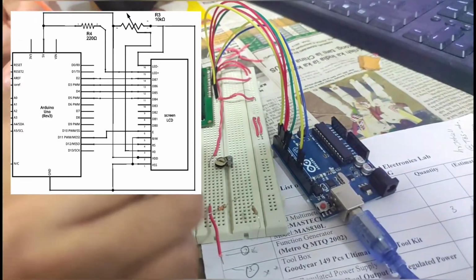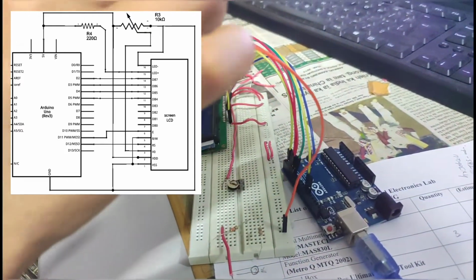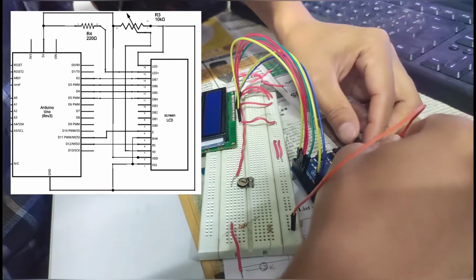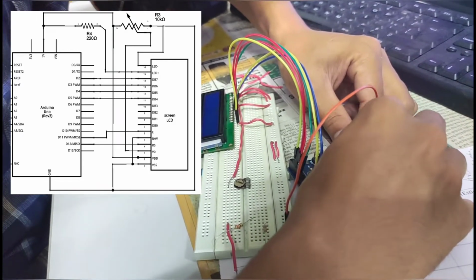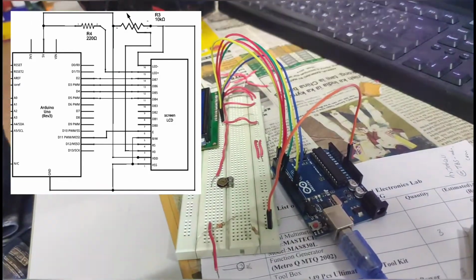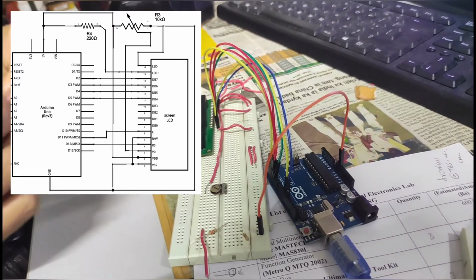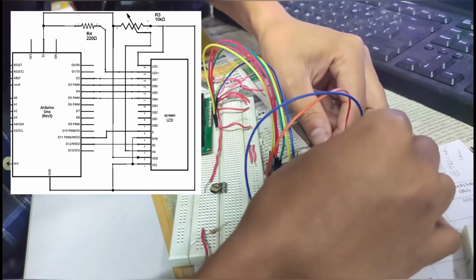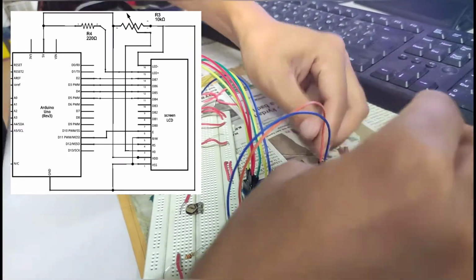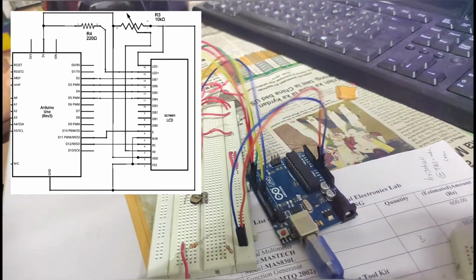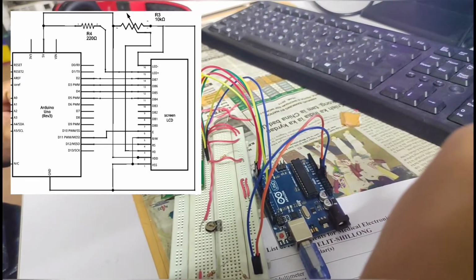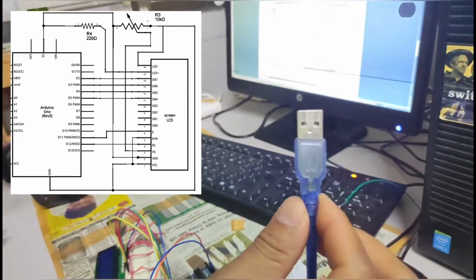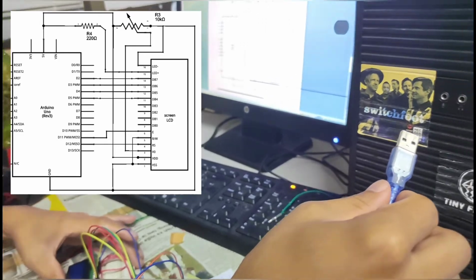Here the ground and the 5 volts. So first we will connect the ground, and now we will connect the 5 volts. So this is the 5 volts. And now we will insert our Arduino in this PC.